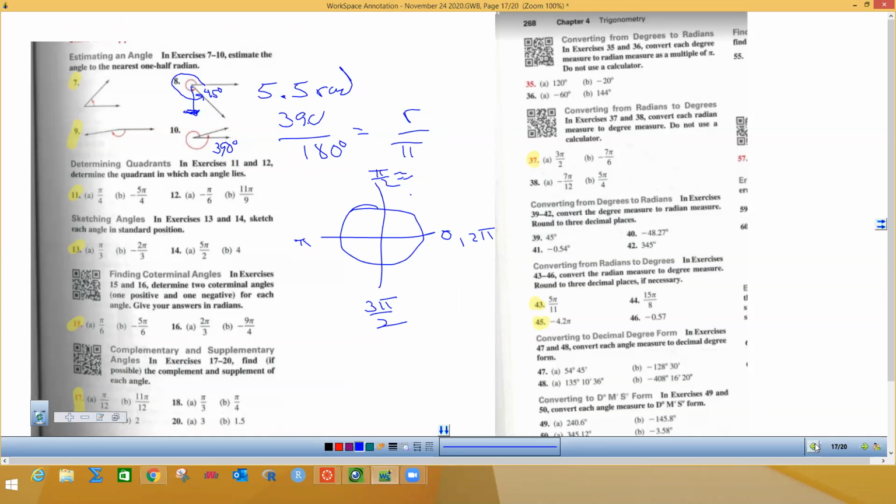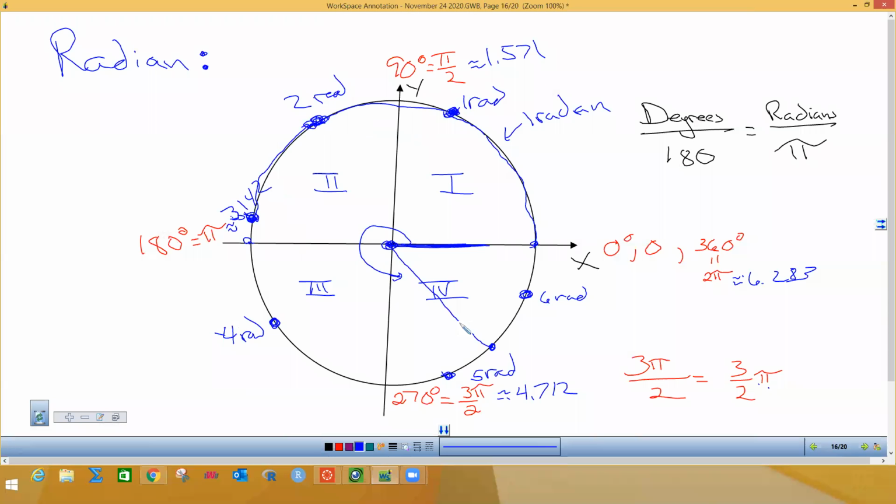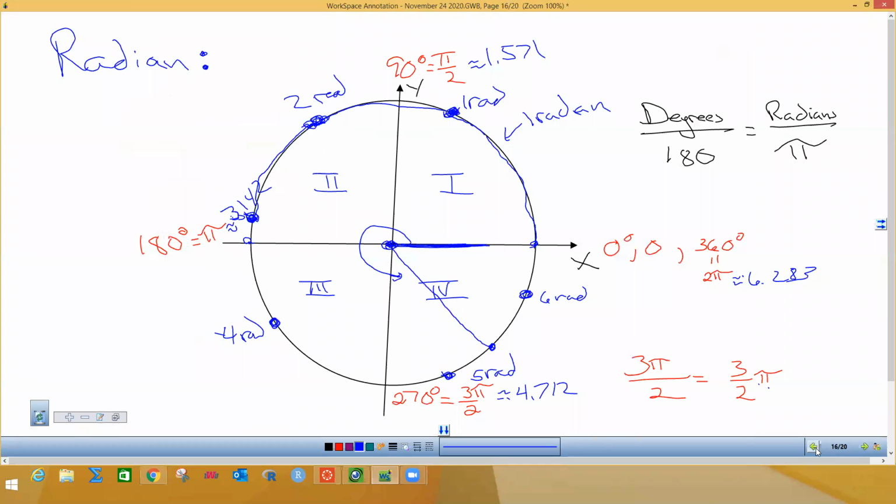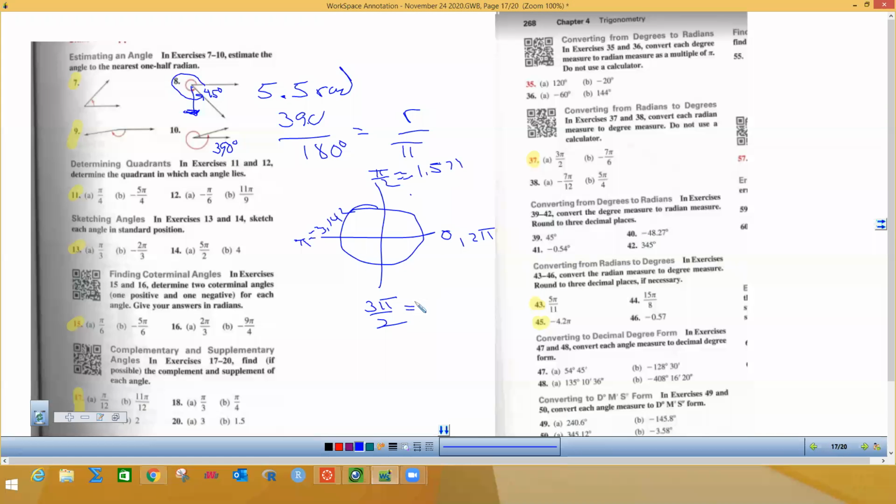This is 1.571, and this was, I think, about 3.142. And this down here was, what was that, 4.712. And this was about 6.283, if I remember right.